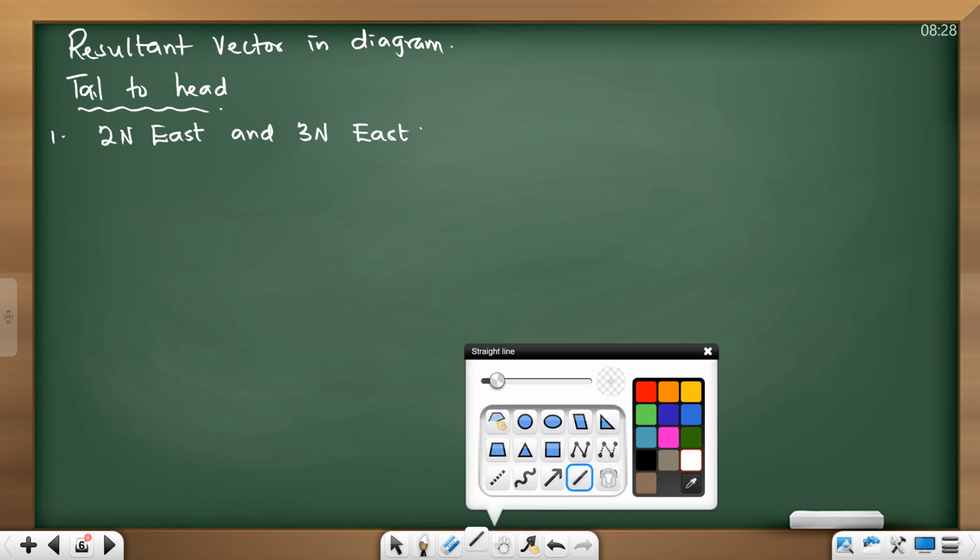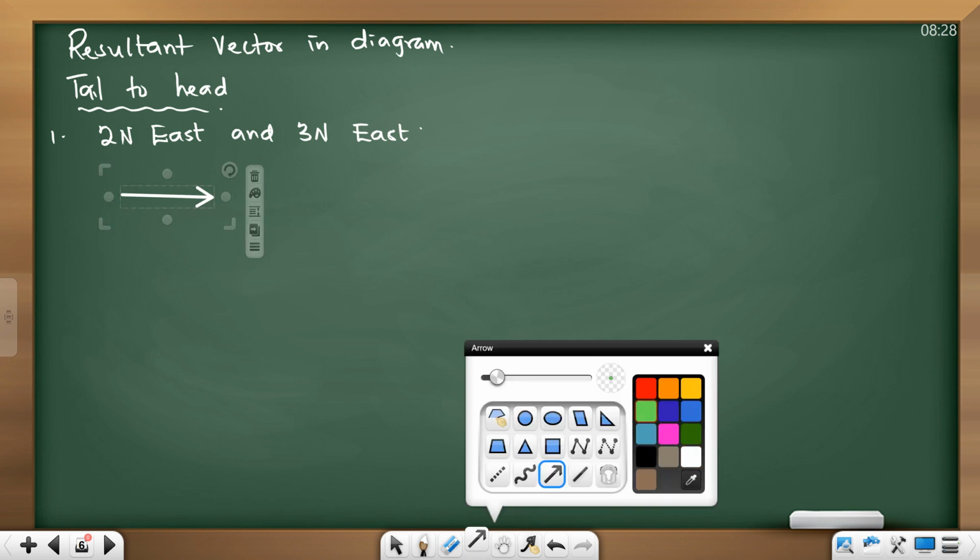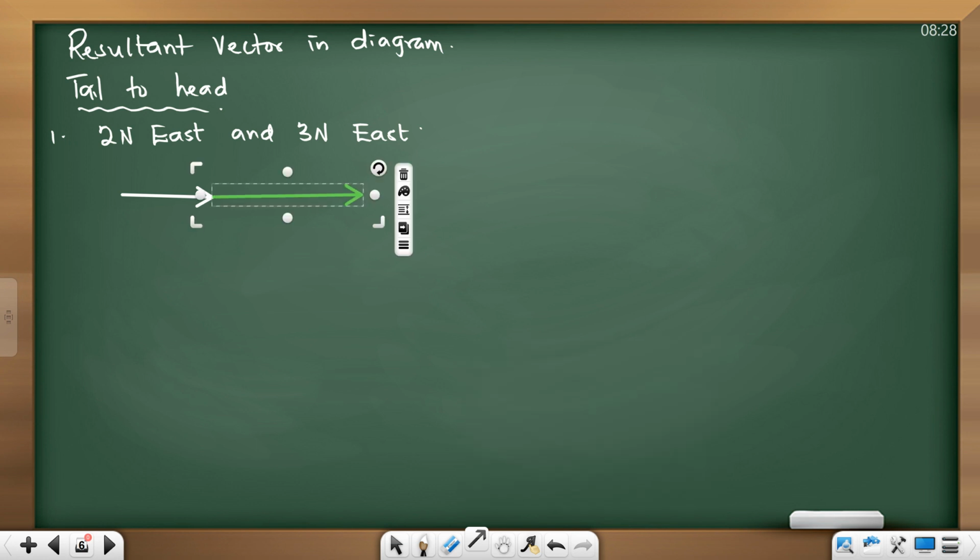So my 2 newtons quickly would be that. 3 newtons, you start from where that one ended. That's what we mean by tail to head. That's the tail. That's the head. The tail is connected to the head, or the head connected to the tail.